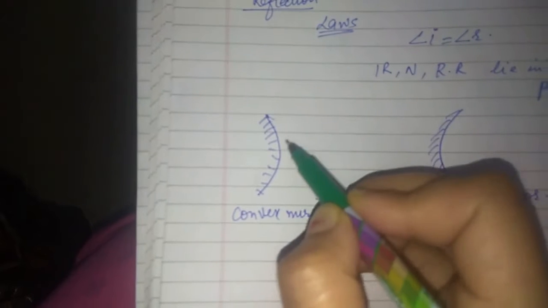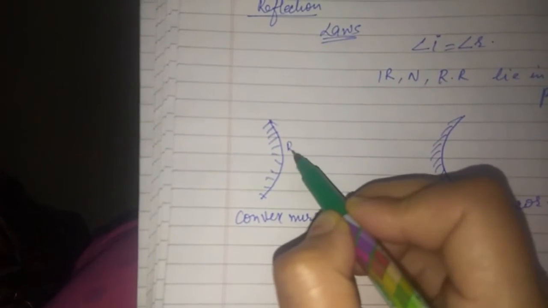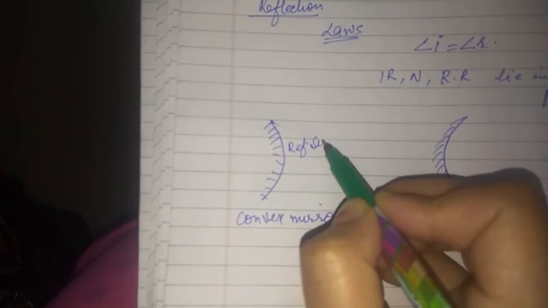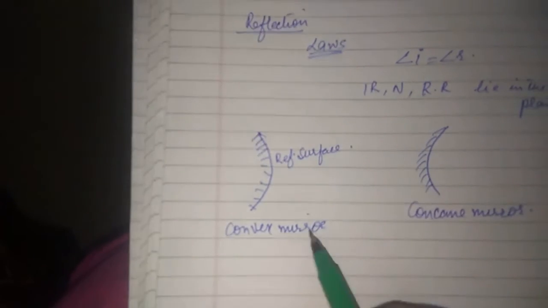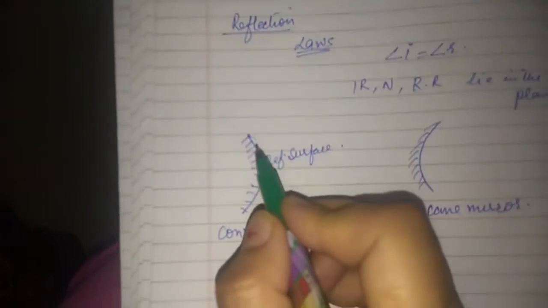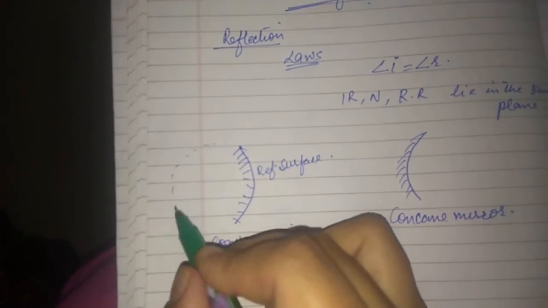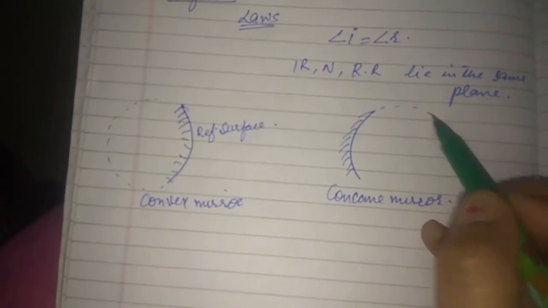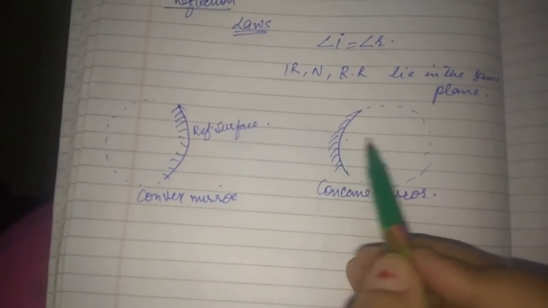Here, this surface is the reflecting surface. This is away, outside. And why are they called spherical mirrors? Because they are part of a sphere. This is also part of a sphere. In this particular case the reflecting surface is towards the center of the sphere, and here the reflecting surface is away from the center of the sphere.